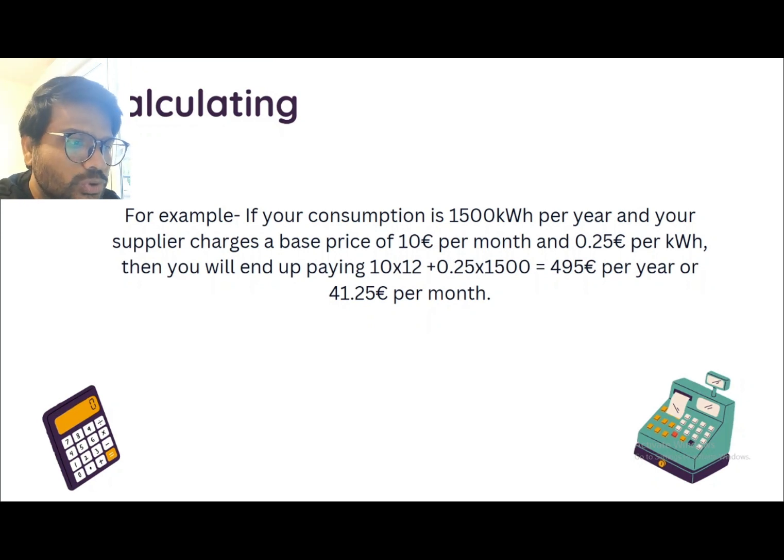The calculation looks like this: 10 into 12 for a yearly basis, plus your yearly consumption times 0.25 for your variable price. So you will pay 495 euros per year, or approximately 41 euros per month.